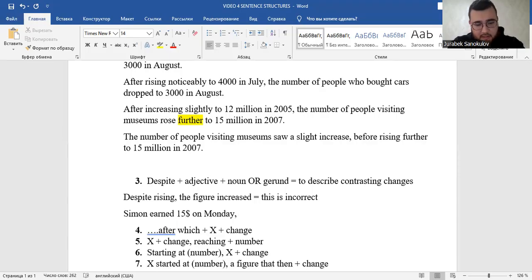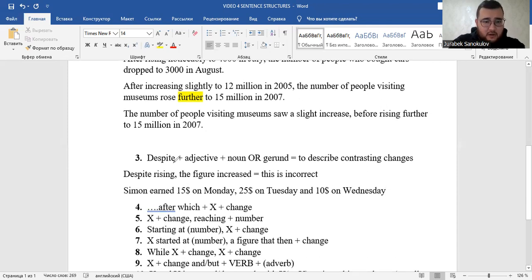So $20, $25, let's just say, on Tuesday, and $10 on Wednesday. So you can see that here there was an increase, but here there's a decrease. So it means that we have contrasting changes. That means we can use despite here.